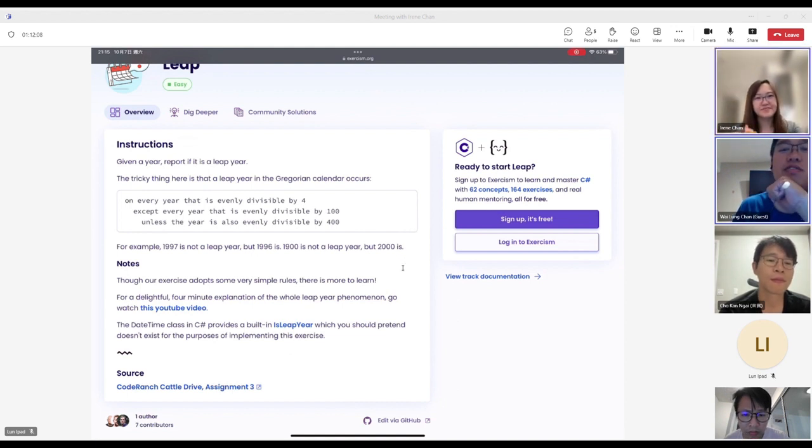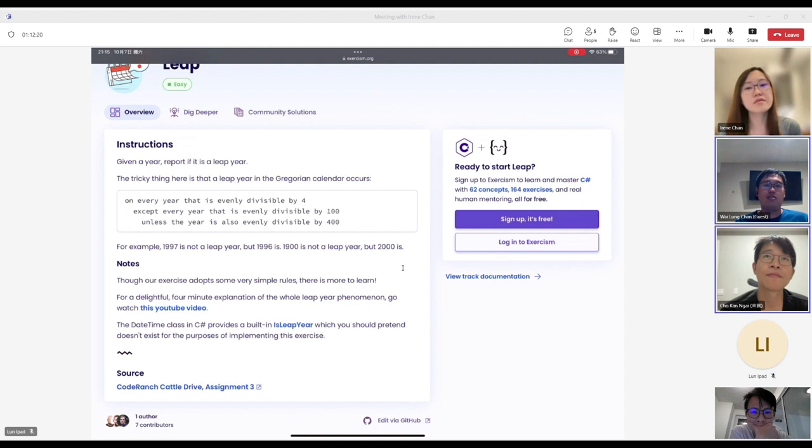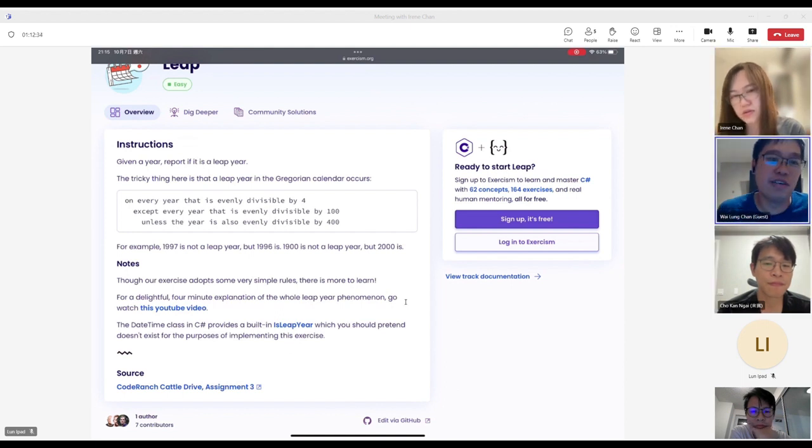If not, that is not. So the if should start with 4. If it is divisible by 4, then check whether it's divisible by 100 or 400. If no, that means it is a leap year, right?